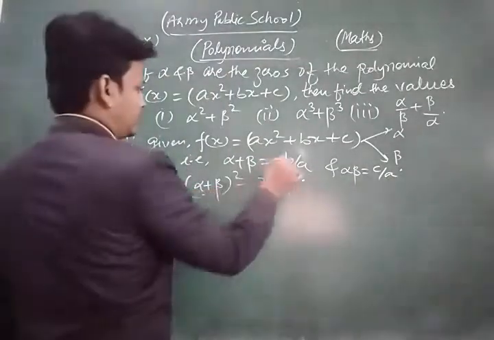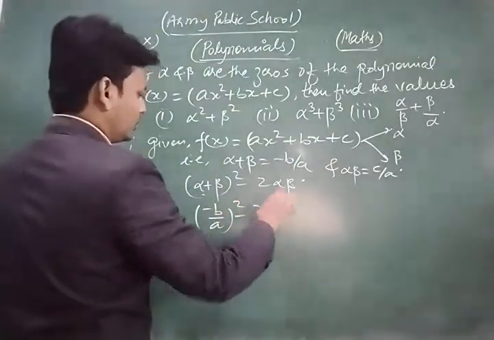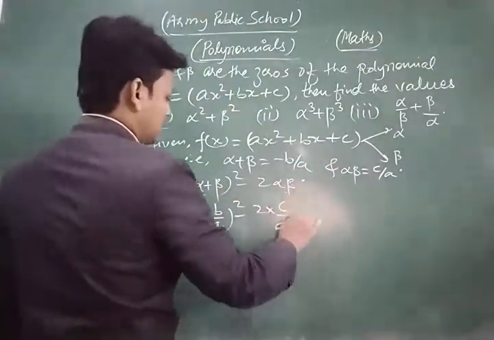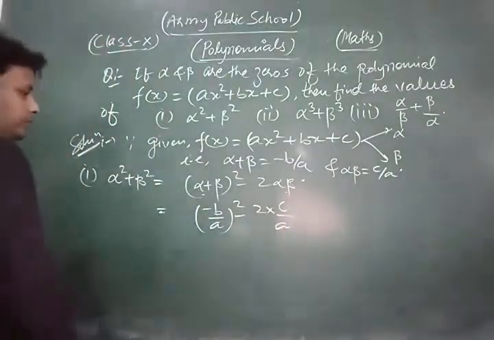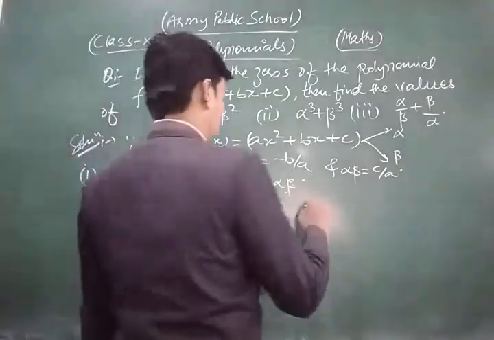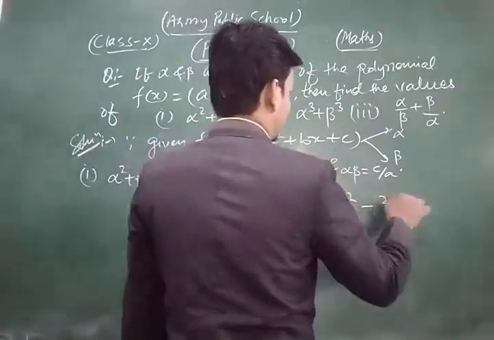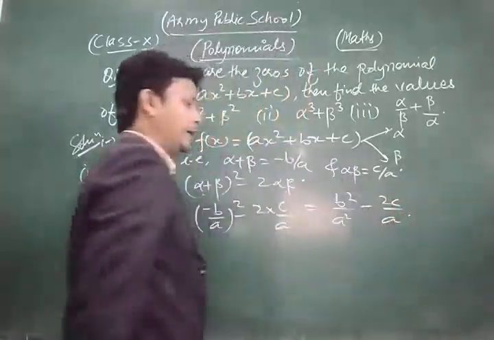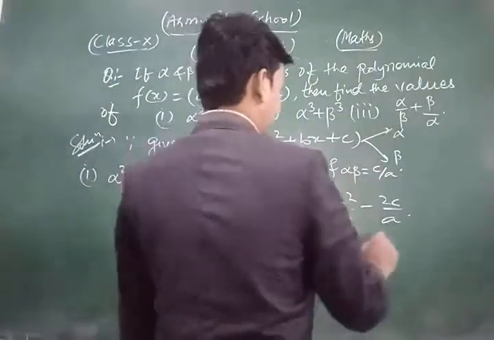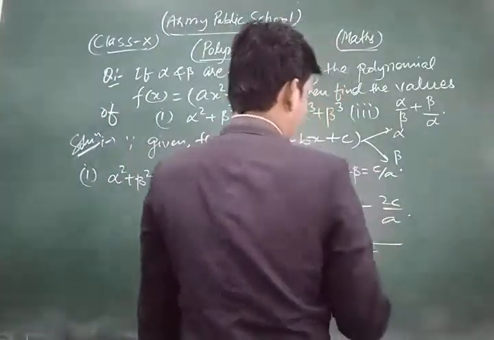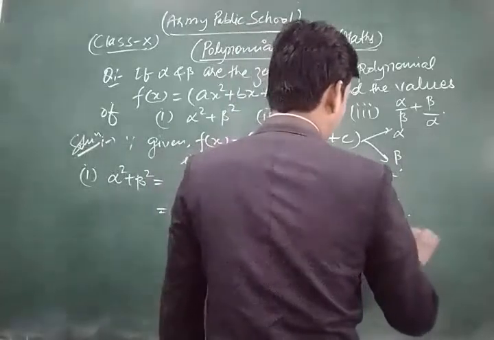The value of alpha plus beta is what? Minus b upon a, this whole square, minus 2 into alpha into beta, that is c upon a. Okay, now we simplify them. So now this is plus b square upon a square is left, minus 2c upon a. Okay, now we take a square as LCM, so we have b square minus 2ac.